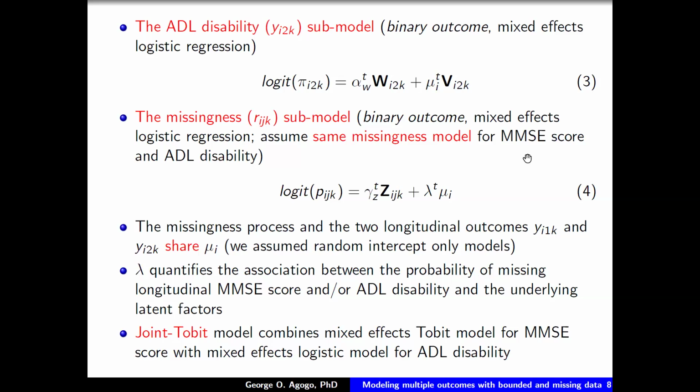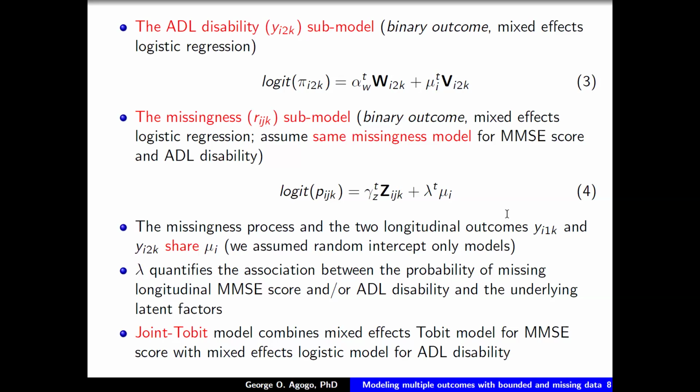The underlying latent factors are the mu's. And that's why we say that shared parameter is a shared parameter, because we are sharing the latent factors between the outcome as well as the missingness pattern.